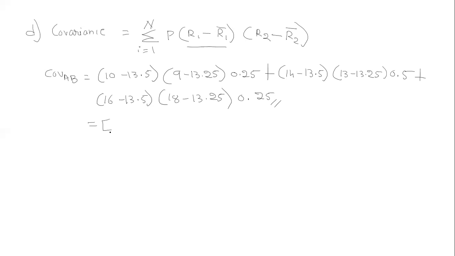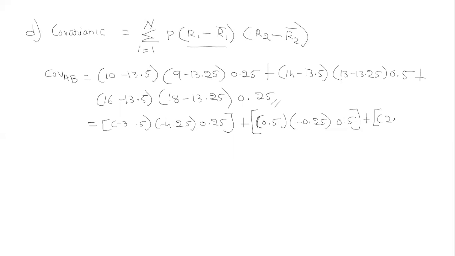So solving this, we get the values. Here we get minus 3.5 into minus 4.25 into 0.25, plus next is 0.5 into minus 0.25 into the probability, that is 0.5, plus 2.5 into 4.75 into 0.25.